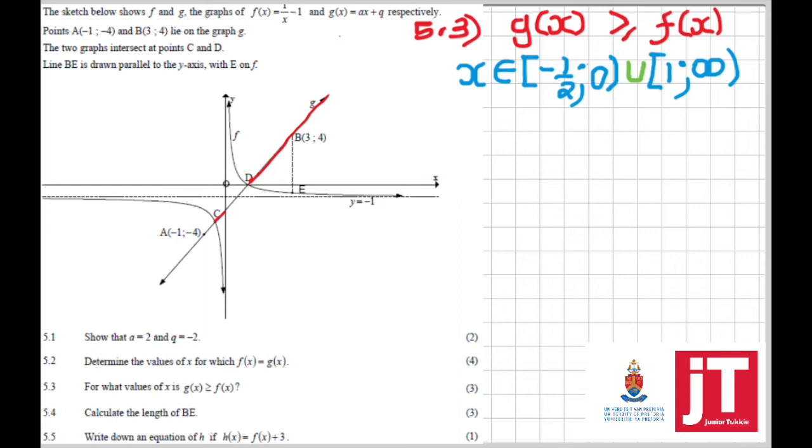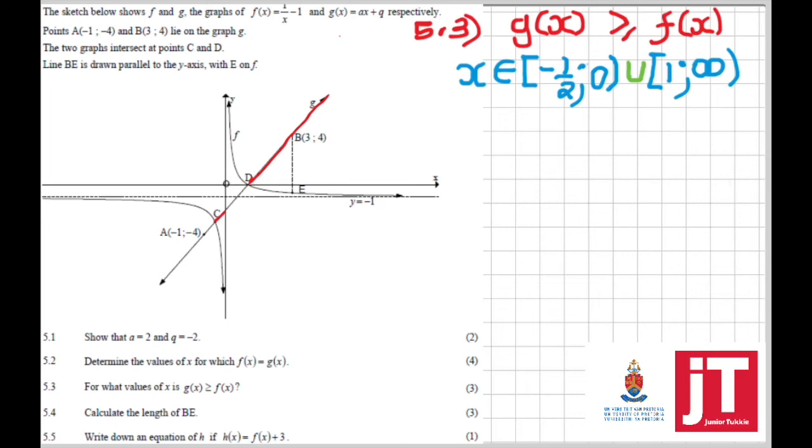We move on to the next question, where it says calculate the length of BE, the distance BE. It's important for you to analyze that question. The point B and point E share the same x coordinate, which has a value of 3.